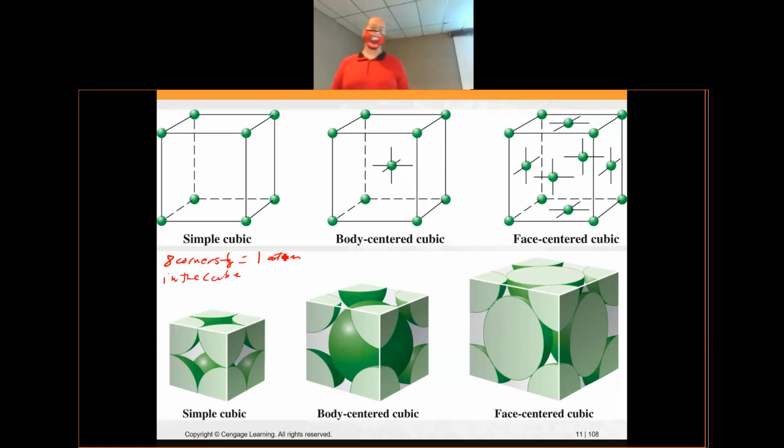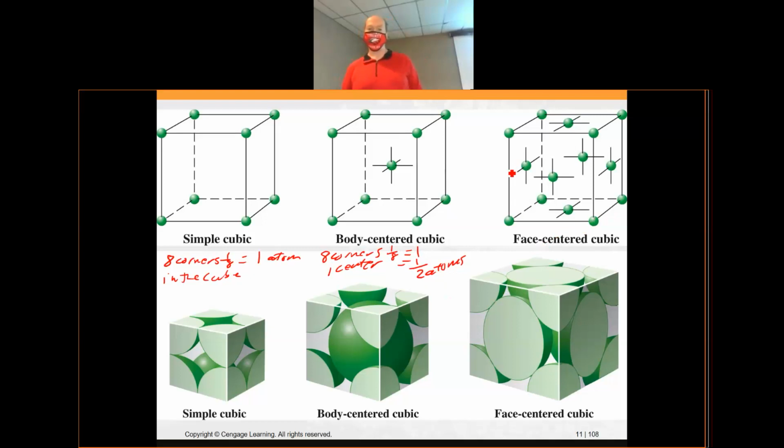So when we're looking at a simple cubic structure, there is only 1 atom that's in the cube. Body-centered, this is the 8 corners times 1/8, and 1 in the center. The whole thing is in there. So there's 2 atoms in the cube.